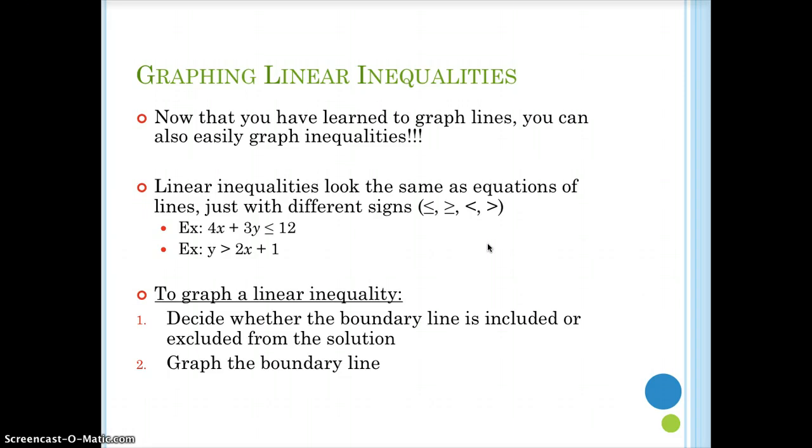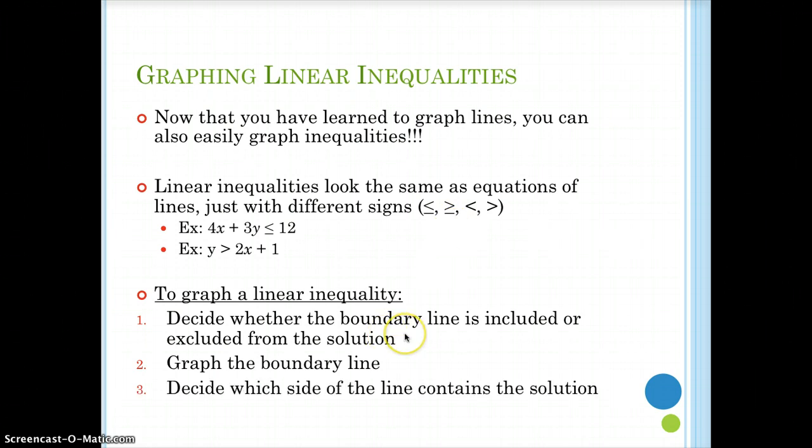And this idea is similar to how we decide whether the solution for a regular inequality, such as x is less than 3, do we shade to the left or to the right? So in that situation, x is less than 3, we would shade to the left. If x were greater than 3, we would shade to the right. And so we have to interpret less than and greater than on the coordinate system.